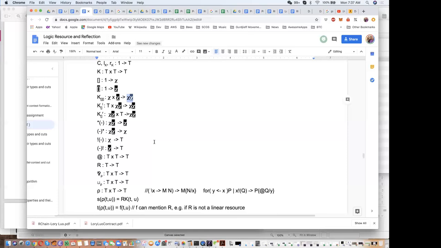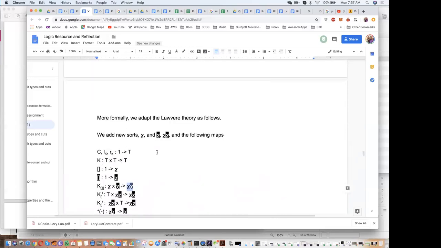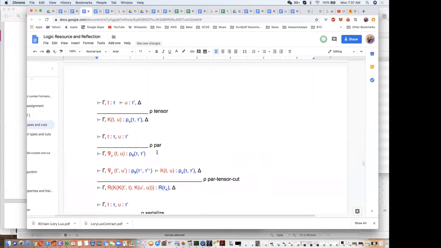Well, K is a constructor. It's like in the case of the rho calculus, K is par, right? So these types say how you can form parallel compositions. So if you want to maintain certain kinds of isolation, then you form these parallel compositions according to these rules. So as an example, you can form a K like this, right?